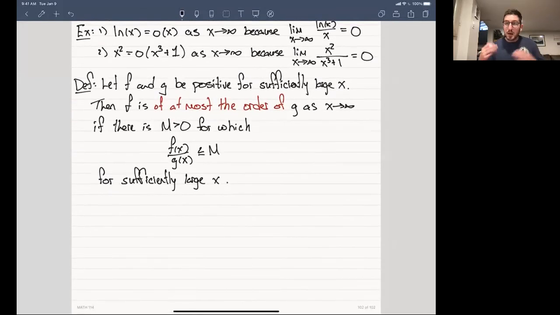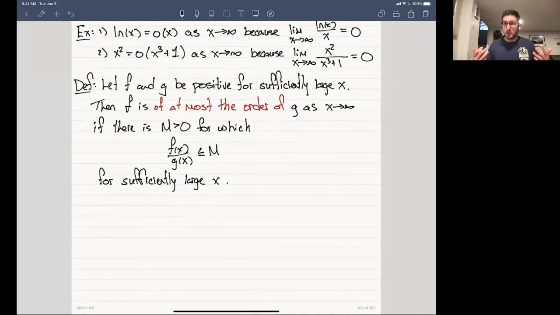So if you can bound the quotient of those two functions, then f will be of at most the order of g.